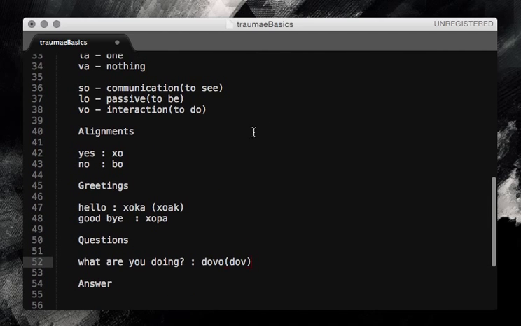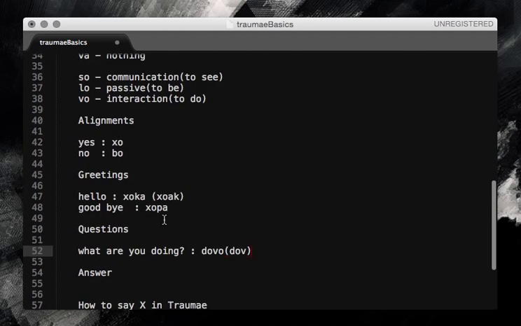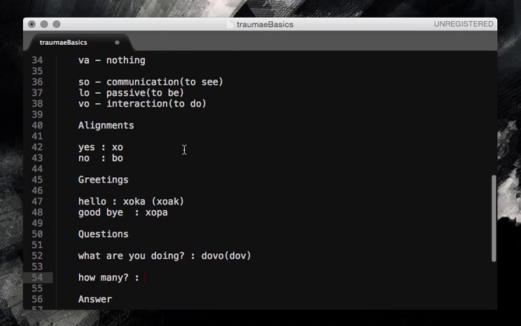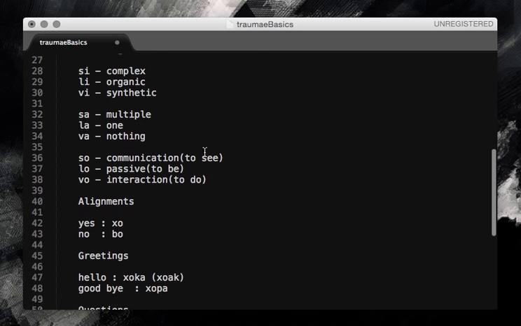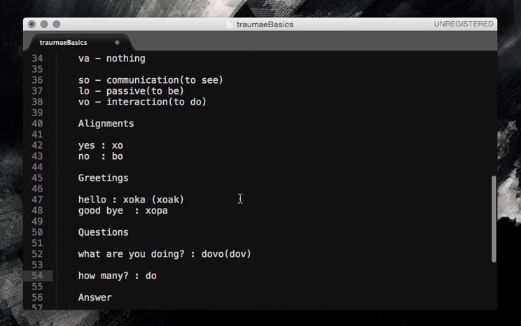You could probably make more sentences. If you want to say how many, it's pretty simple. You're going to use do for a question and sa for multiple. So dosa is the same thing as saying how many, and this can also be shortened to, I'm going to write in parentheses, do a, like this.